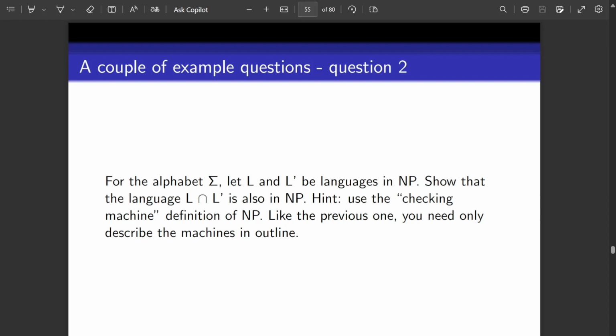The checking machine definition of NP tells us there exists a machine that can check the ordered pair W and the polynomial. Okay, invited to speak. Okay, cool.